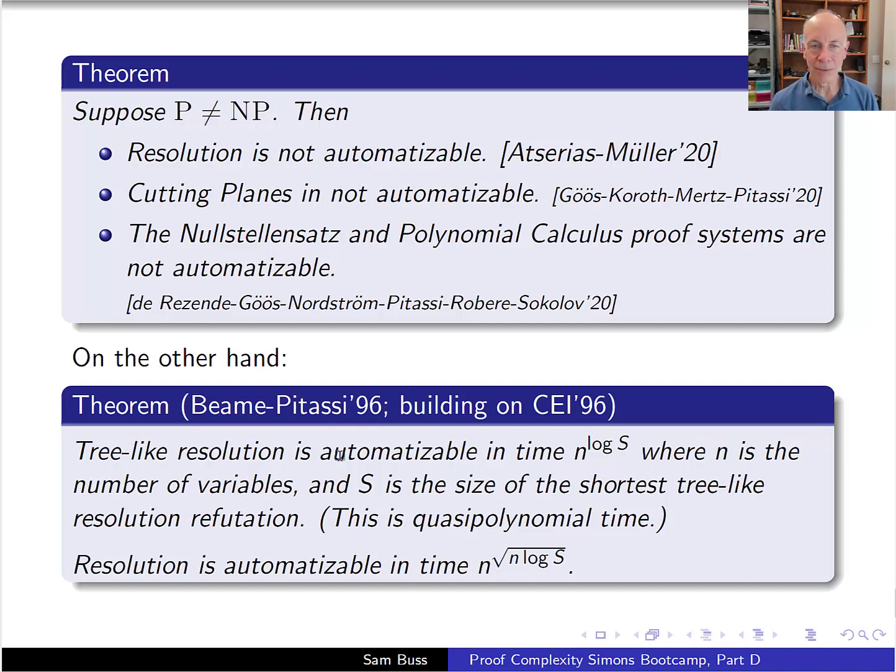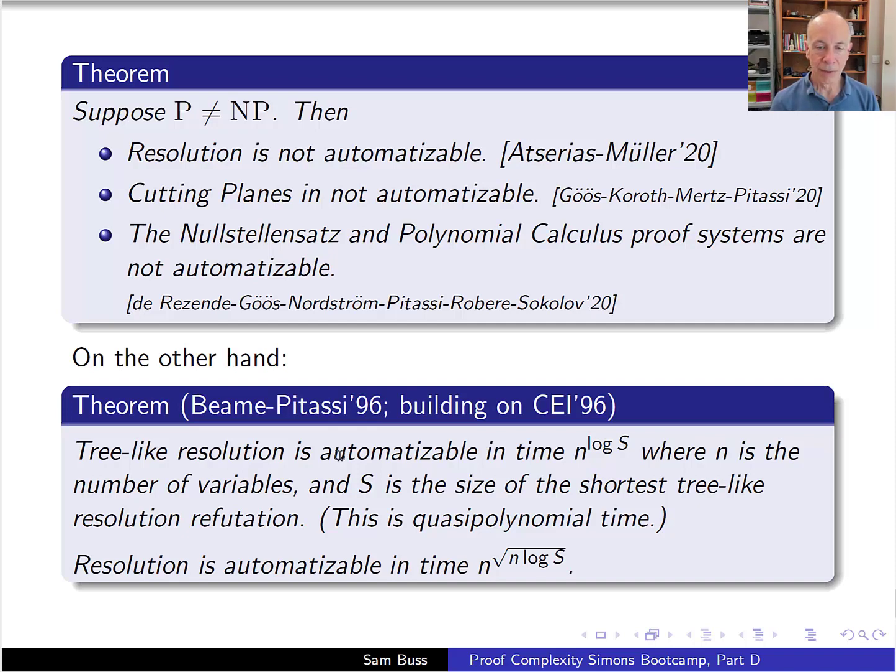So these are somewhat negative results, although not so bad, because it's just saying although resolution or cutting planes and Nullstellensatz and polynomial calculus in some cases are strong systems, it may still be hard to find these proofs. A positive result, though, is due to Beame and Pitassi, that says that tree-like resolution is automatizable in quasi-polynomial time.